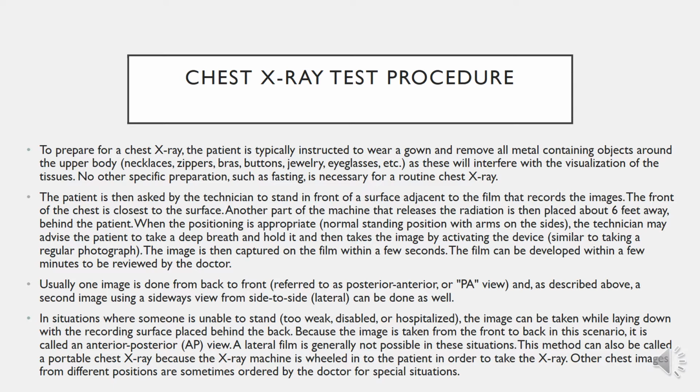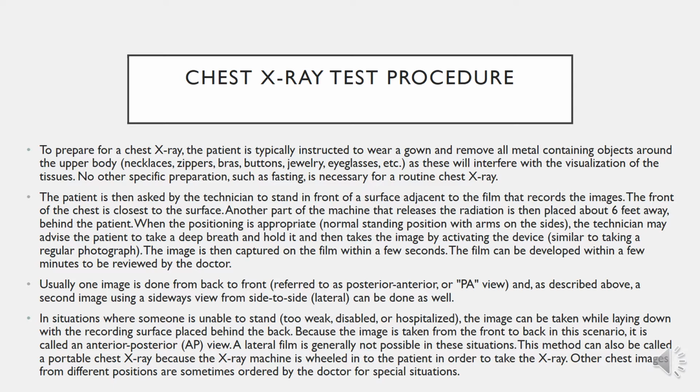The patient is then asked by the technician to stand in front of a surface adjacent to the film that records the images. The front of the chest is closest to the surface. Another part of the machine that releases the radiation is then placed about 6 feet away, behind the patient.